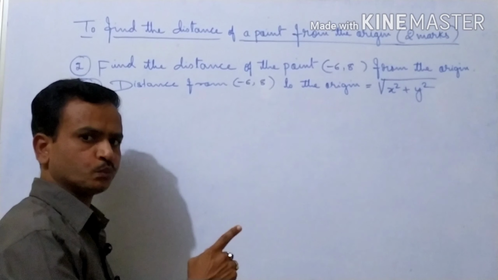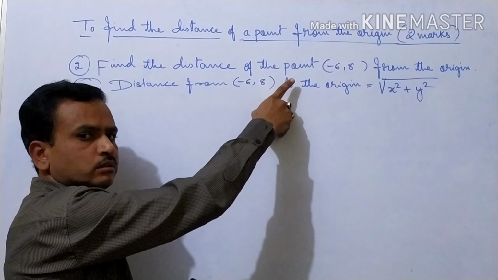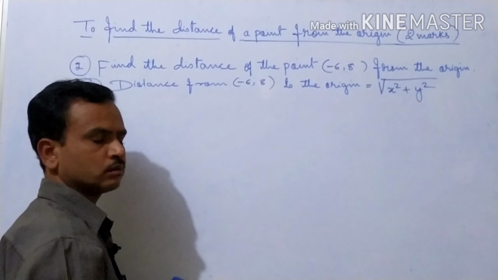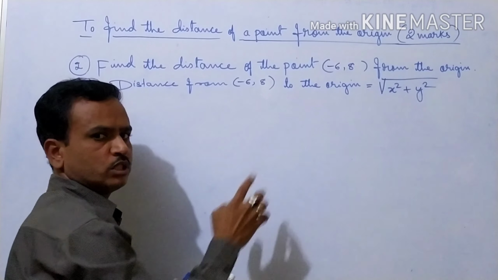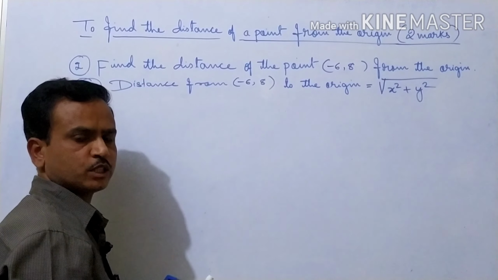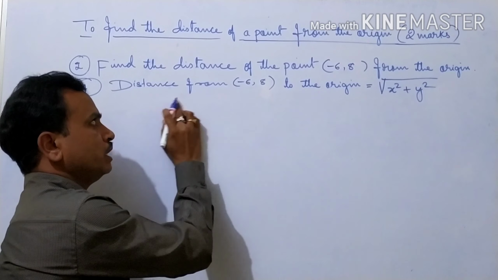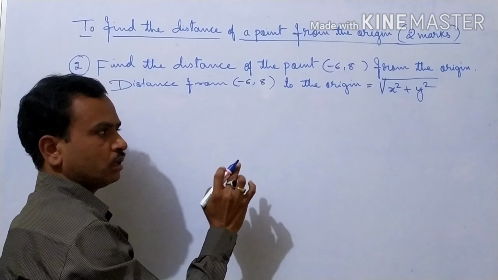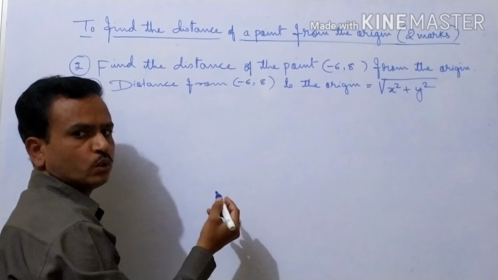Question number 2. Find the distance of the point (-6, 8) from the origin. From the origin means, as I told you, we have to use this formula: square root of x square plus y square. So the distance from (-6, 8) to the origin: x is equal to -6 and y is equal to 8.